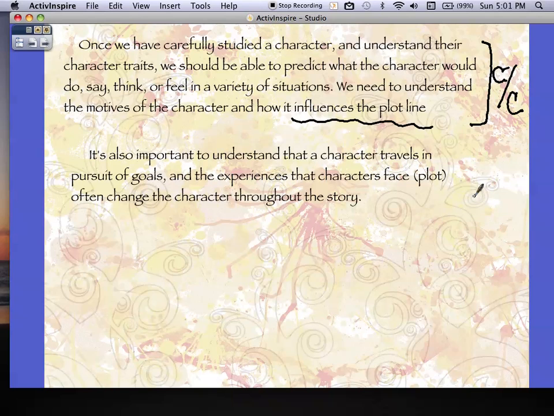What the character is like tells us how they're going to pursue what they want. It's going to tell us how their experiences perhaps are going to change them. So it's not so simple as the character did this and the character did that. There's a much more sophisticated understanding. Again, stop and rerun it here if this isn't clear.